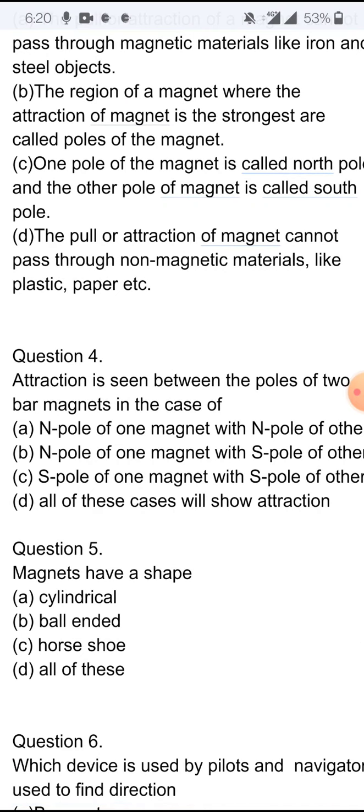Attraction is seen between two poles of two bar magnets in case of north pole of one magnet with north pole of the other, north pole of one magnet with south pole of the other, third option, south pole of one magnet with south pole of the other, D. All these cases will show attraction. The answer is B, that is north pole of one magnet with south pole of the other.